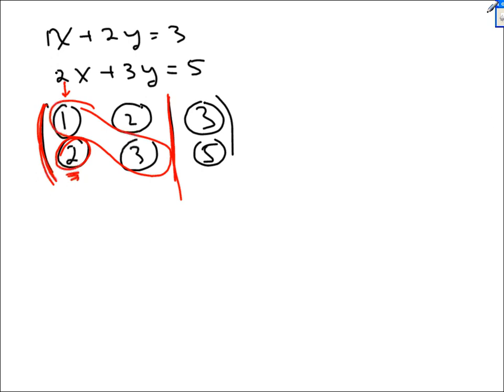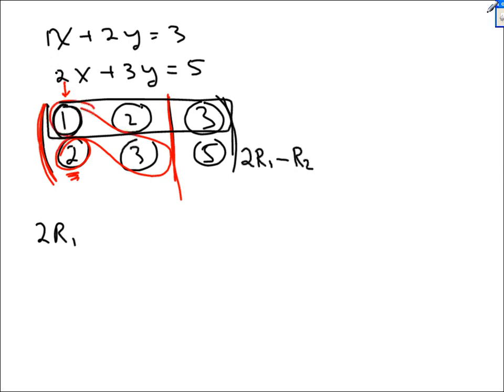So I'm going to use the diagonal entry. The diagonal entry in column 1 is in row 1. I'm going to use row 1 to get rid of the 2 in the second row. I'm going to do 2 times row 1, then I'm going to take away row 2. 2 times row 1: 2 times 1, 2, 3 gives 2, 4, 6.